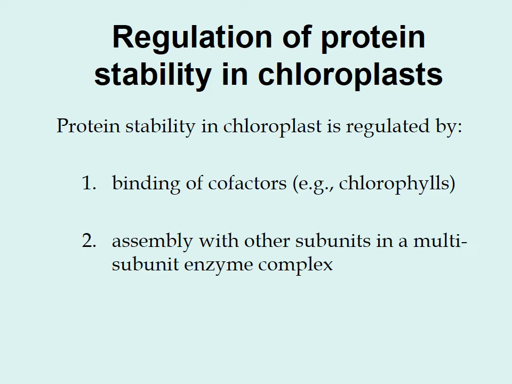The chlorophyll molecule acts as the cofactor. So the binding of this chlorophyll, or the cofactor, to the photosystem protein will make the holoprotein of the photosystem. So this holoprotein is the functional protein.